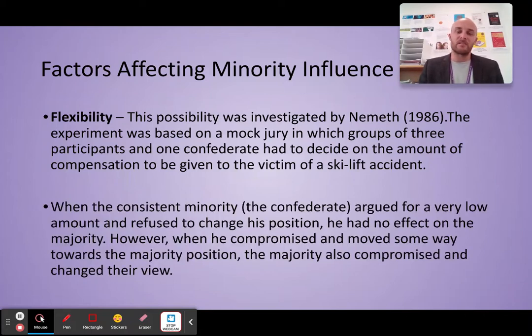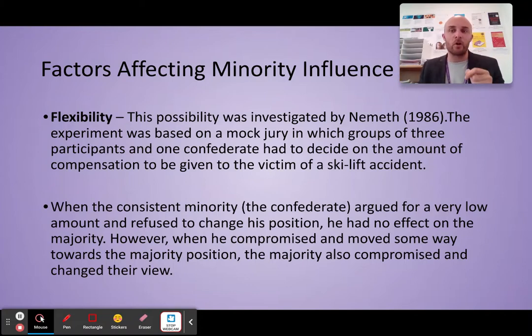When the consistent minority, who was the confederate, argued for a very, very low amount and absolutely refused to change his position, £100, £100, £100, that had no effect on the majority whatsoever. However, when he compromised and met them halfway, the majority also compromised.